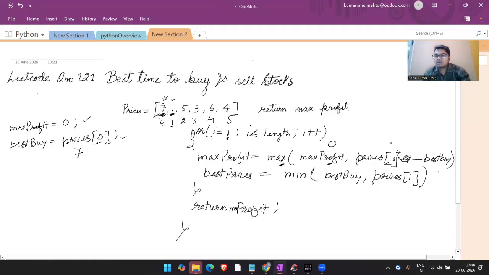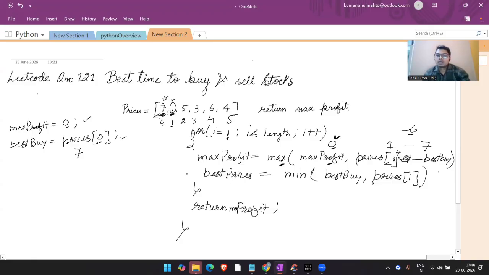I is 1, and at the first index we have 1. Now minus best buy. What is best buy? 7. So 1 minus 7 is minus 6. Among these two numbers, which is greater? Obviously 0. So we will assign 0. It is already 0, so no need to update here.